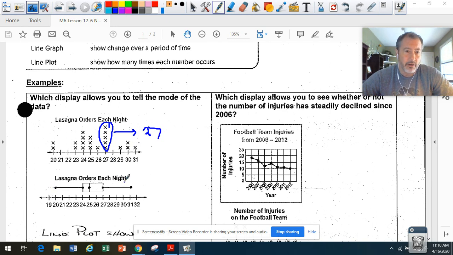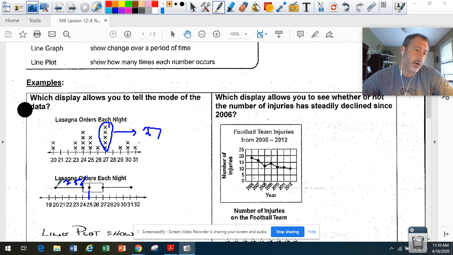Now in this here, can we tell what our mode is? No, not exactly. All that this box plot is saying is, hey, here's our median right here at 25. We know that 25% of the data is in this quartile, and 25% of the data here, 25% of the data here, 25% of the data here.